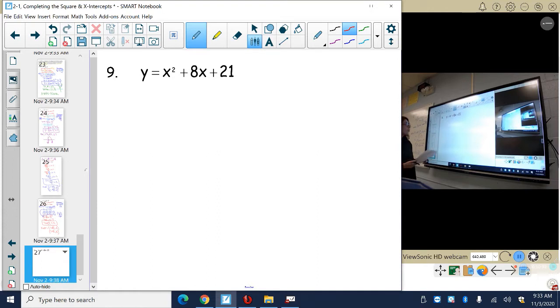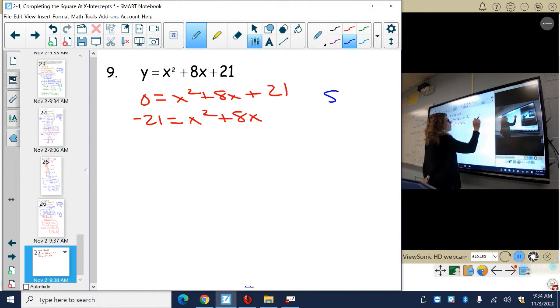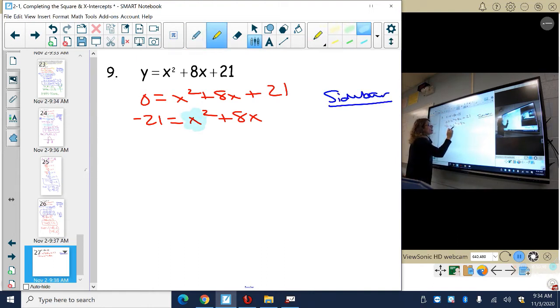Last one I'm going to do for you out of your homework is going to be number 9. Step 1, this is 0. Step 2, bring the 21 over. Step 3 is going to be sidebar. Why is it sidebar? Because my coefficient is already a 1, so I know I'm done.